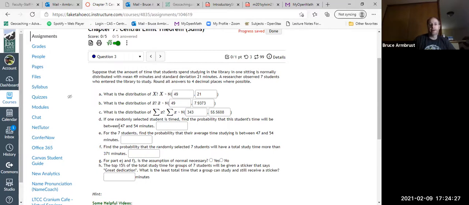The "and" is important to tell us that we're going between these, right? But the key in terms of what distribution we're going to use is "one." Because it's one randomly selected student, we're using the distribution for the variable itself. So this one's going to be using the mean of 49 and the standard deviation of 21.